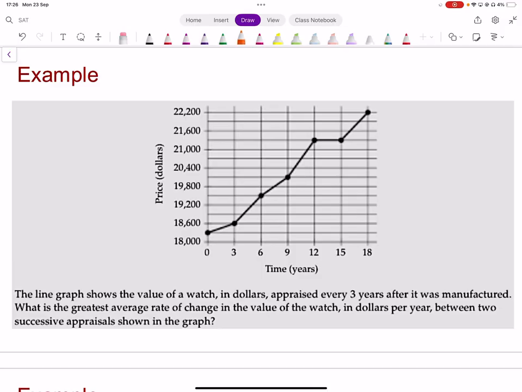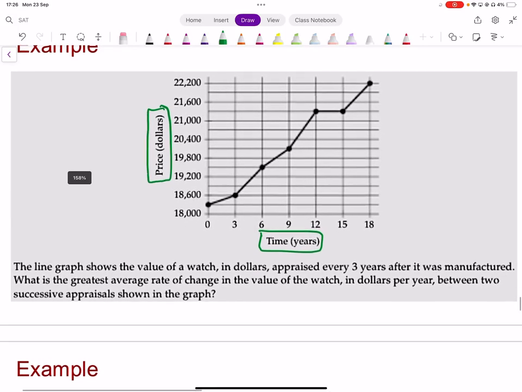Now, make sure to pay attention to the axes and what's written there, the labels. Vertical axis represents price in dollars. Horizontal axis represents time in years. And time is changing at an interval of 3 units, 3 years.